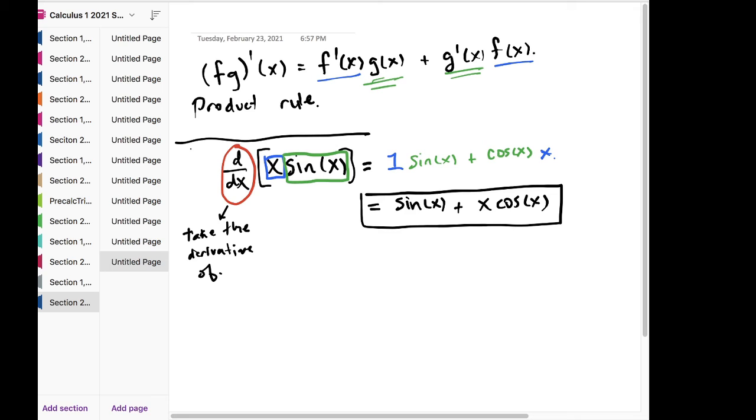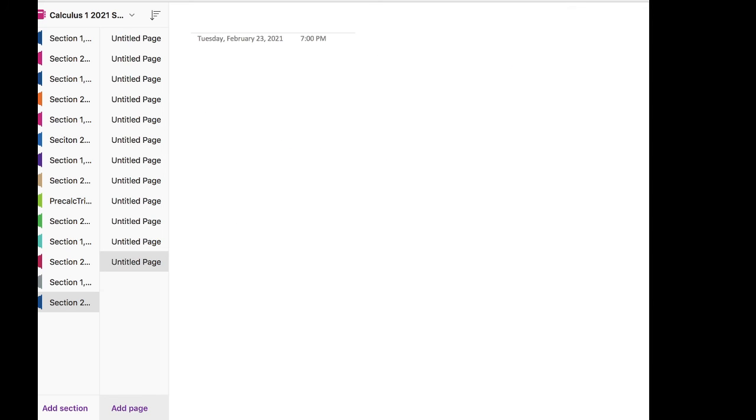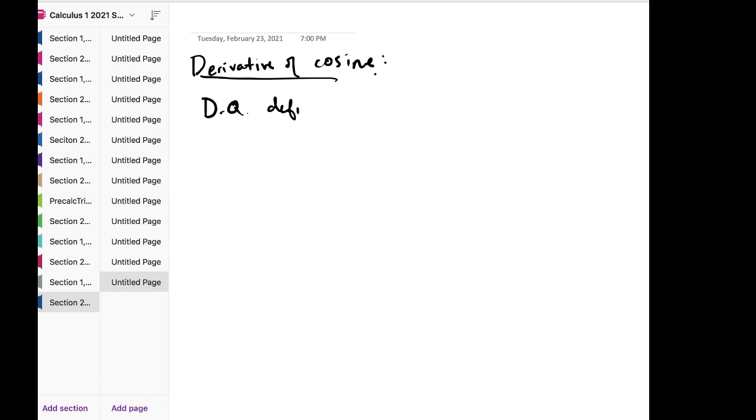Okay, let's see. Let's just do the derivative of cosine while we're here. So kind of going backwards. So let's use the difference quotient definition. It's easier for sine and cosine.